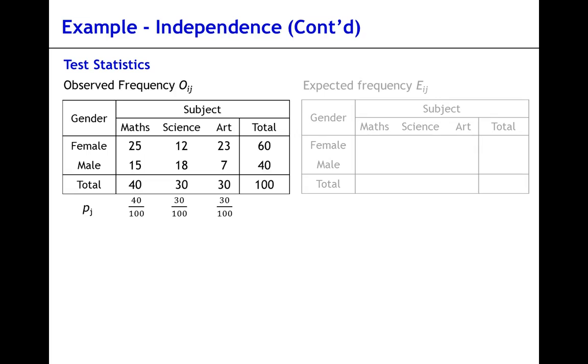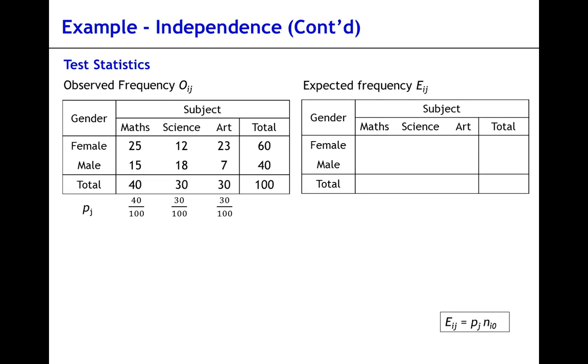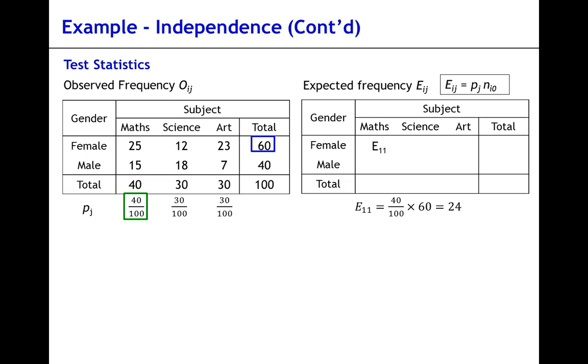To get the expected frequency E sub ij, the formula is given as P sub j times N sub i naught. For example, to get E sub 11, we take the probability of the first column times the total for the first row to get 40 over 100 times 60, giving rise to 24.